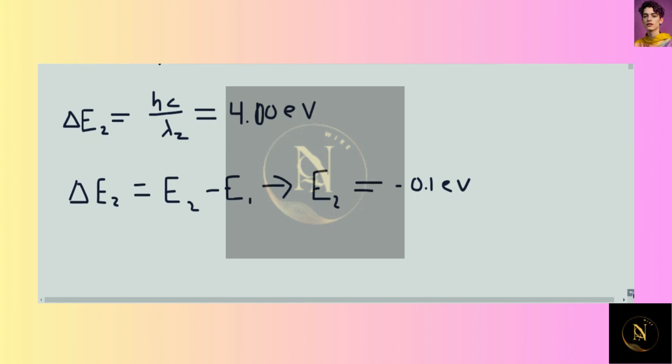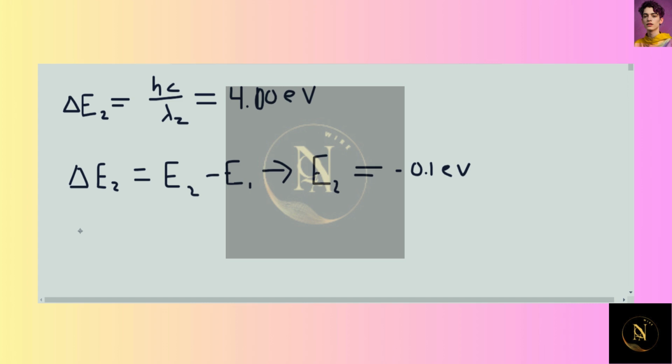For the next one, say that delta E3 is going to come from taking our value here, hc over lambda 3.